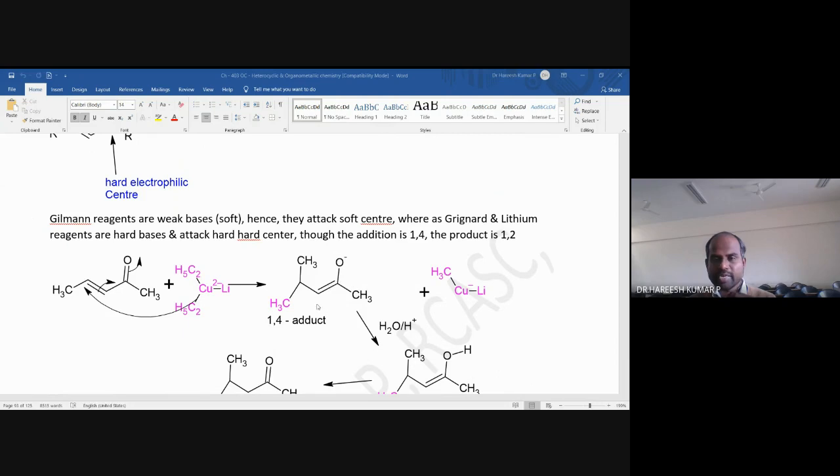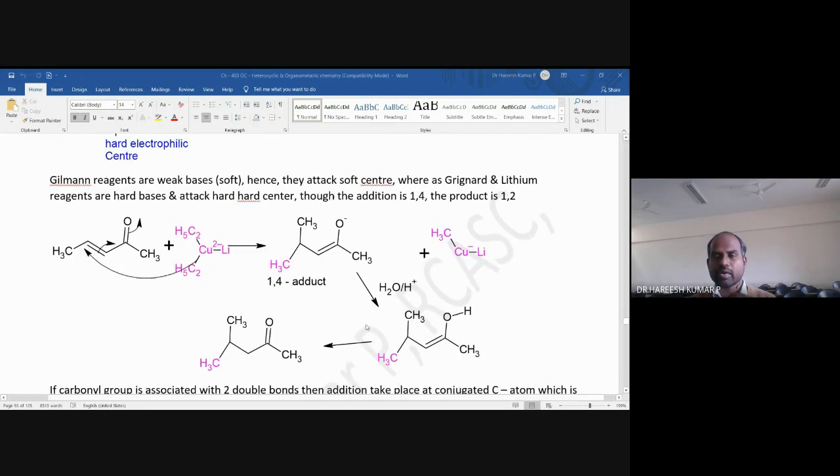And what will happen to this intermediate on hydrolysis? Hydrolysis means this bond pair can come over here, and this bond pair can pick up a proton. So what is the compound obtained?